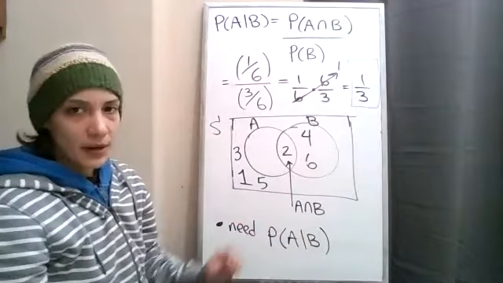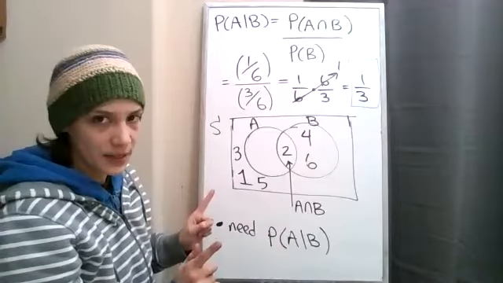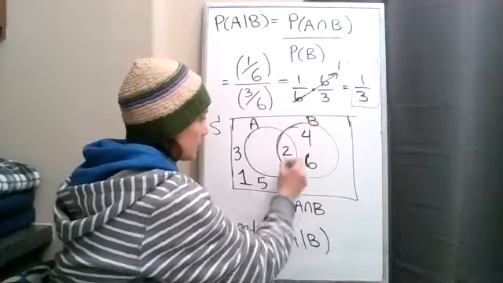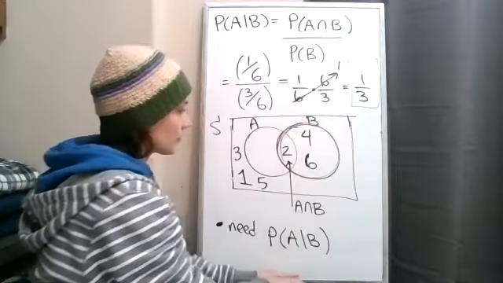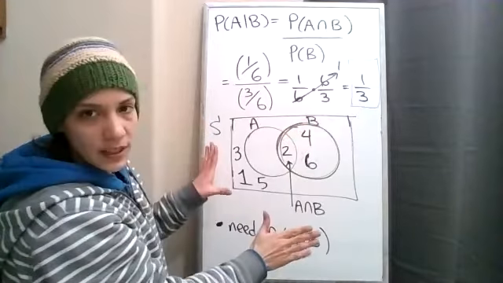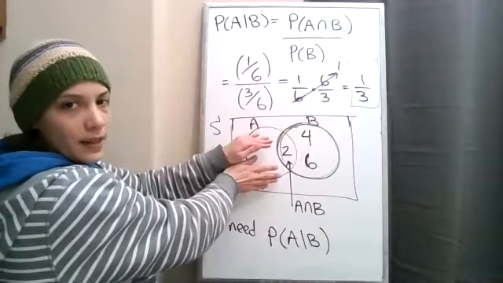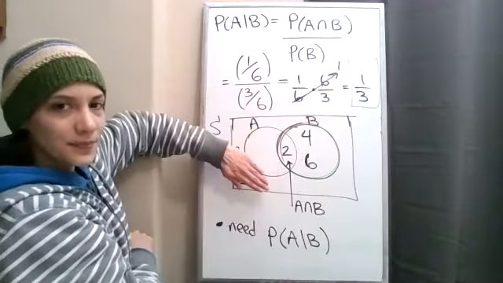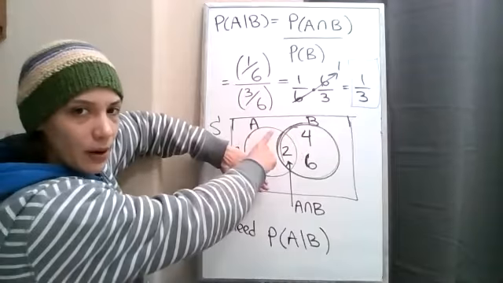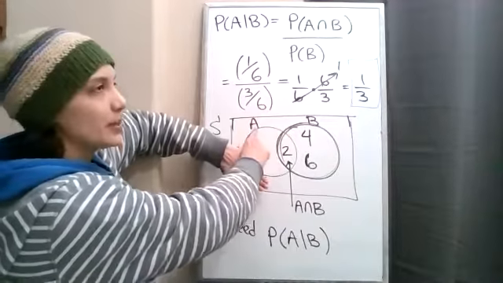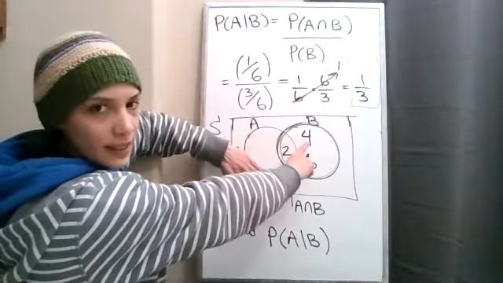But we'll talk about getting the answer by thinking through what's happening. So you're told that event B has occurred. So we restrict the sample space and block out everything else. Now, how often does A occur, or what's the probability of A given B?